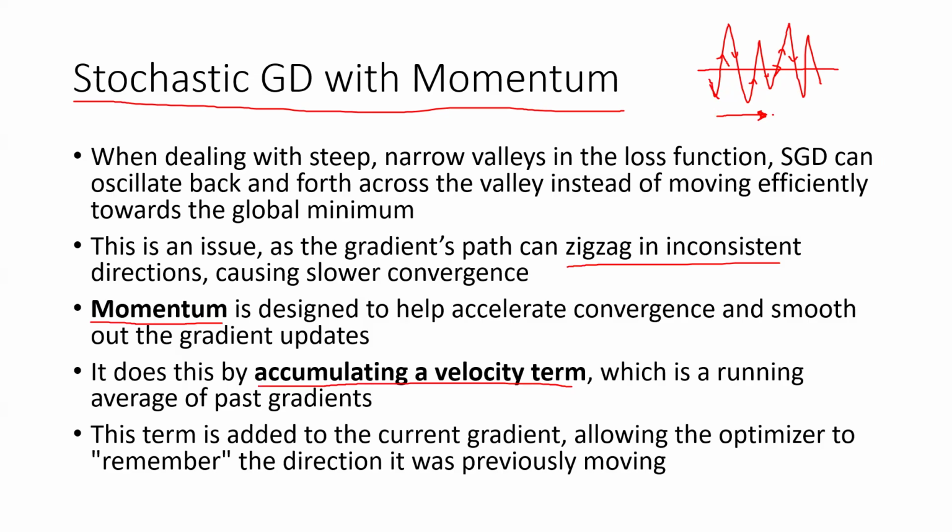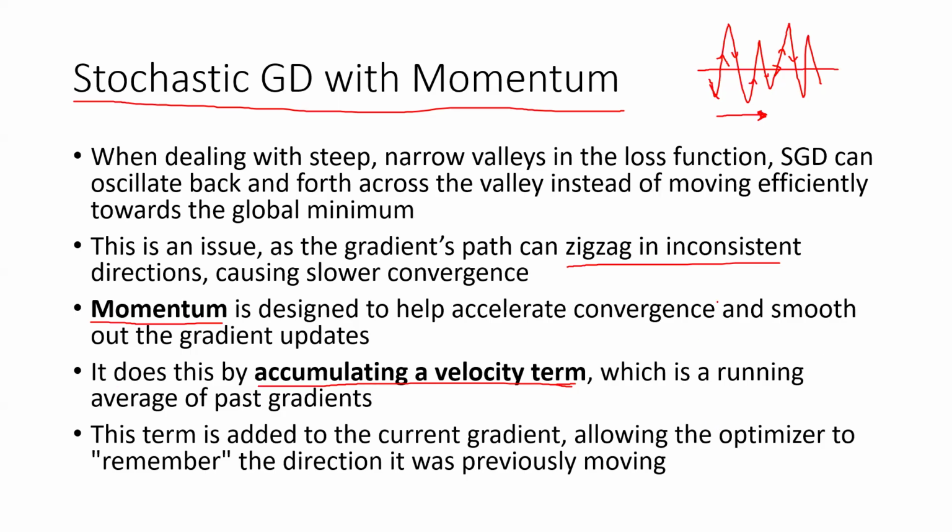Velocity means the direction in which you are moving, and we are accumulating that particular value, and we take the averages of the past gradients, right? So we are taking the running average of past gradients, and this is known as accumulating a velocity term.